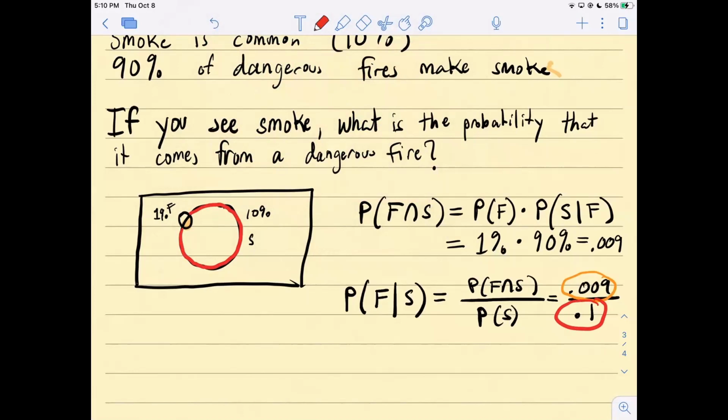Okay. And this becomes 9% chance because it comes out to 0.09. All right. Any questions on this example?